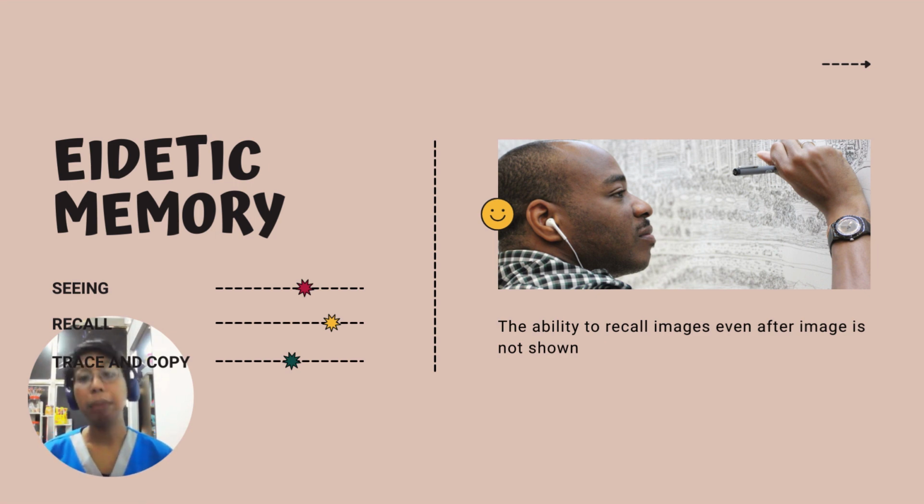But let's just focus on eidetic memory. So three things: seeing, and then recalling, and also to trace and copy. Most people think that eidetic memory is to just recall images even after the image is not shown. For example, if I show you a picture of fruits and then I hide it, can you recall back what you have seen?